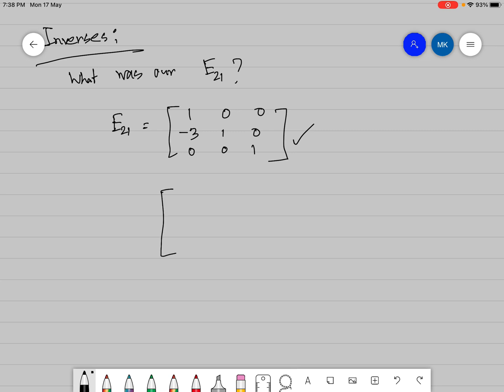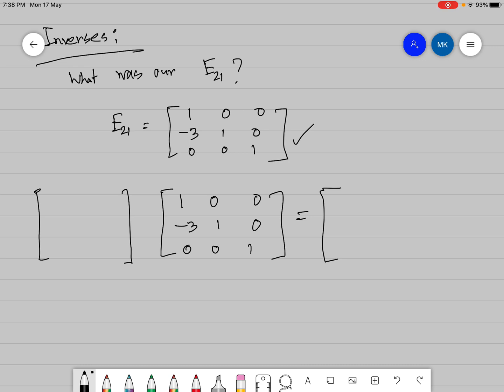If you think 1 0 0, minus 3 1 0, 0 0 1, as this is a row operation, we'll have to have a multiplication at the left side of the matrix, and that undoes the operation. That means there should be no significant operation done on your considered matrix.